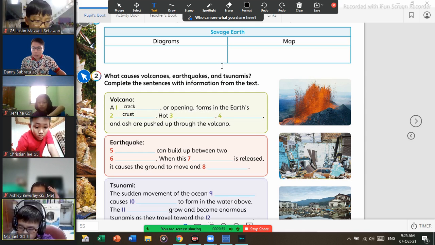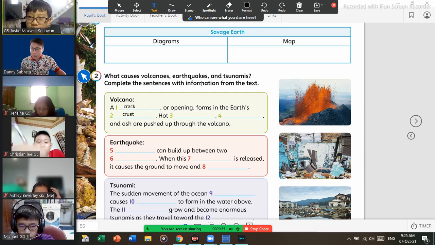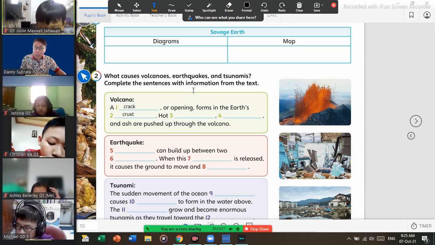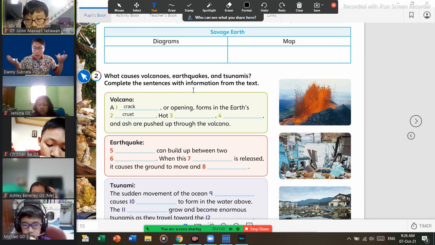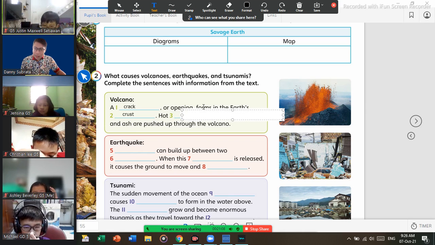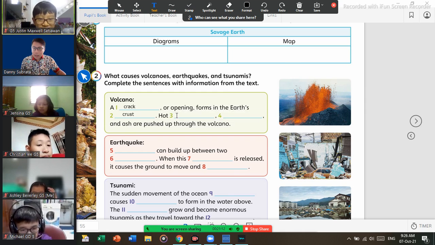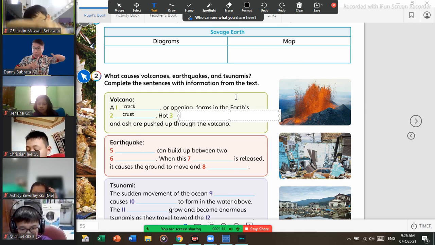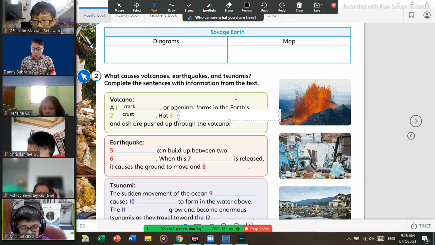Okay. Is this science or English? English covers almost everything, so this will also be scientific information. Now, hot what? As we can see, hot lava. Okay, because it just came out from the volcano, that means hot magma.